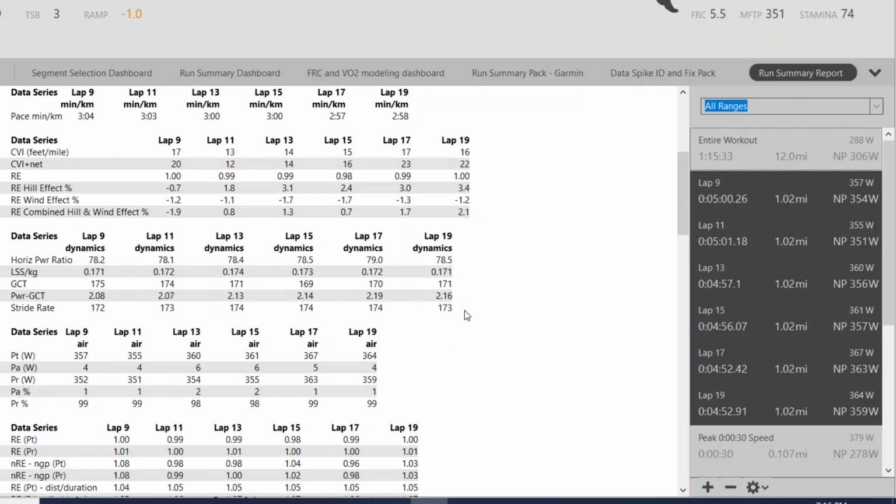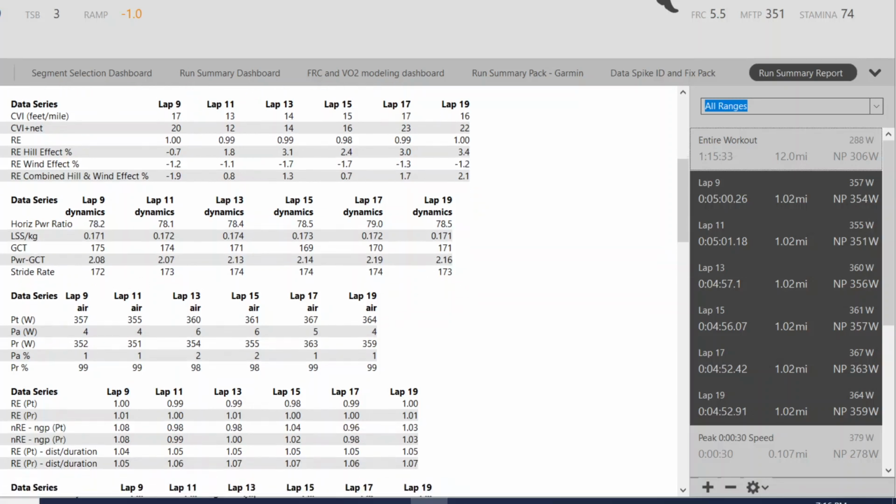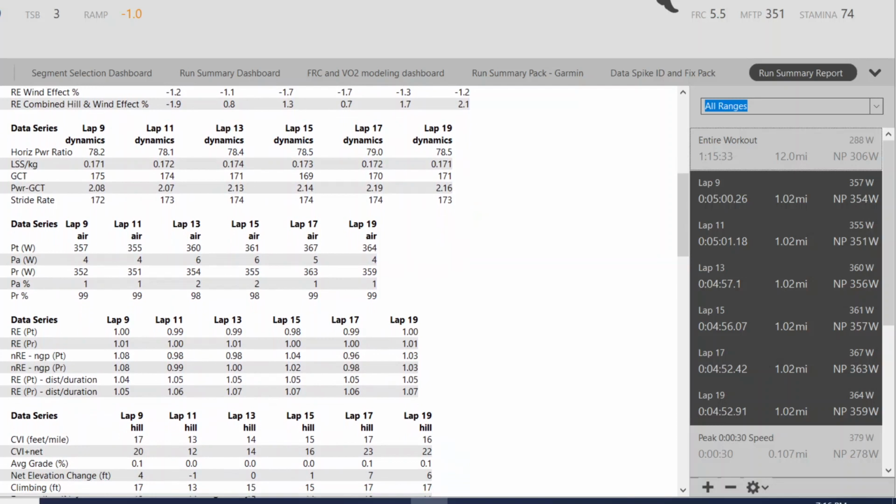Stride rate, I'll look at that. I like looking at that, mainly because that's something else that will change with fatigue. But also, if I have someone's really low and they're not a real tall person, and a tall person generally is going to have a lower stride rate than a shorter person, and then also stride rate changes with speed.